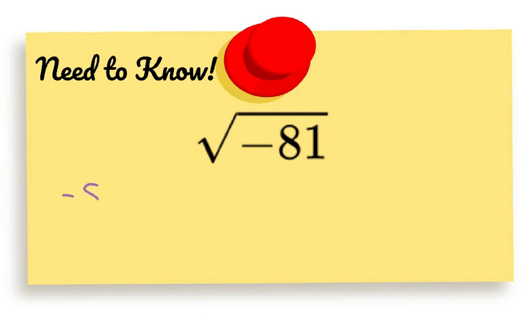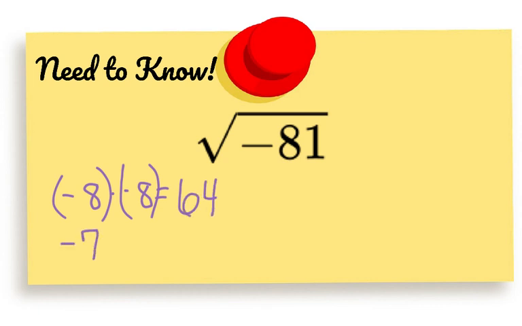And there is nothing that you could multiply times itself to get a negative number. -8 times -8 is still going to be +64. And the only way I could get a negative number would be to multiply a negative number and a positive number together. Well, that's now defeating the whole purpose of squaring something, because I need both of them to be the exact same. So just remember, there is no real solution anytime you try to square root a negative number.